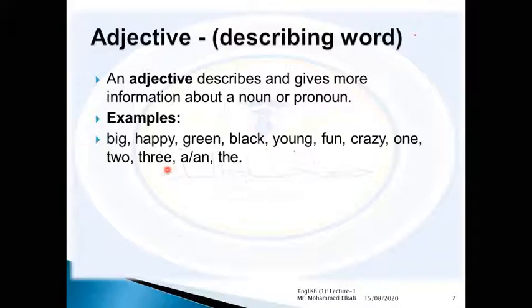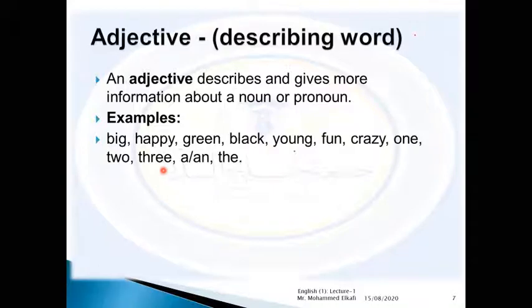When I say ordinal, what do we mean? Instead of saying one, we say the first. The first student was Ahmed. Instead of saying two as an ordinal number, we say the second student was Ibrahim, for example. The third was Yasin.